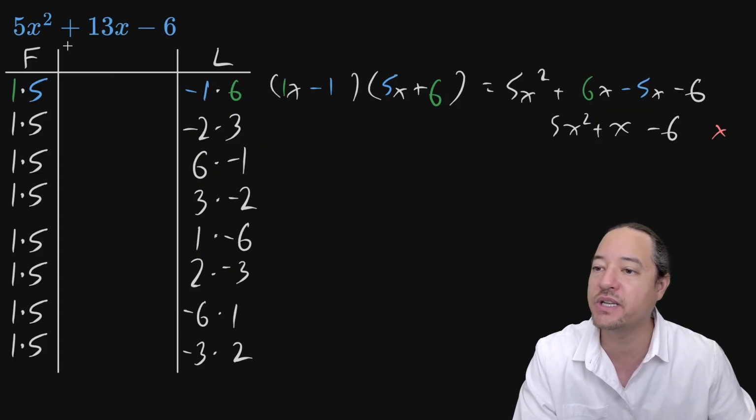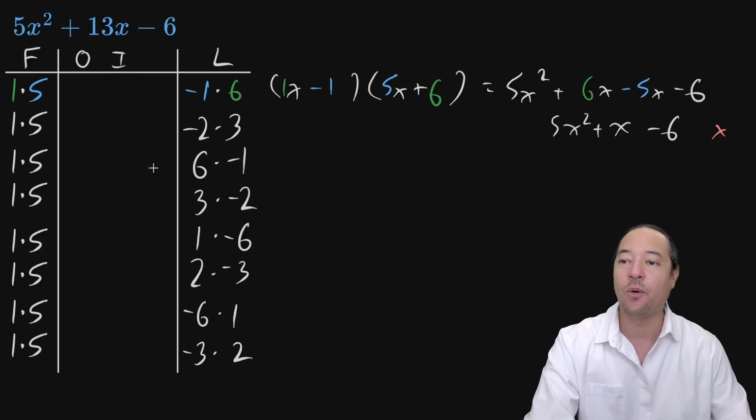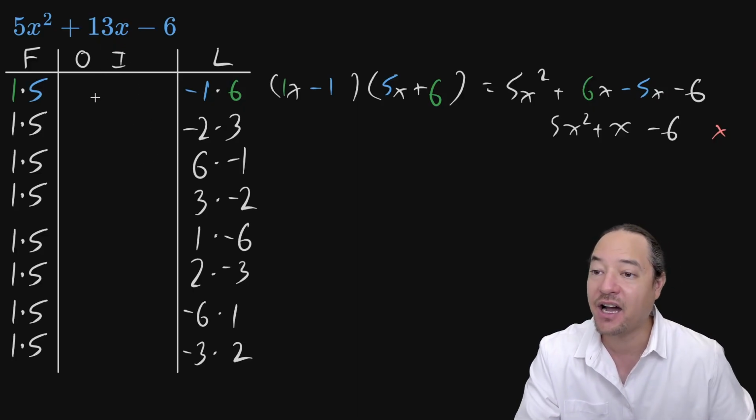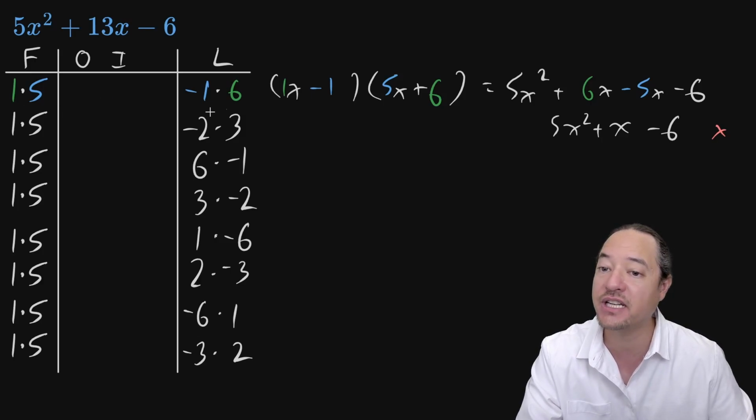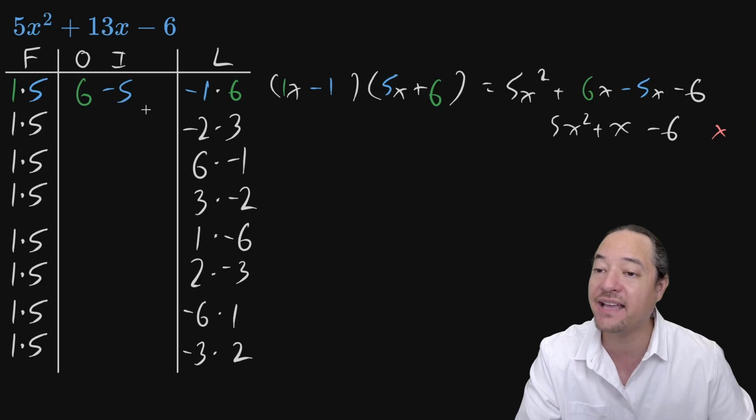Okay, so what I want to do is I want to think of this as FOIL, right? I want to find the combination we get for the outer times the outer and the inner times the inner. Okay, so when we do this, we see the outer times the outer is going to give us our 6, and the inner times the inner is going to give us our -5. And when we add those together, we're just going to get 1.